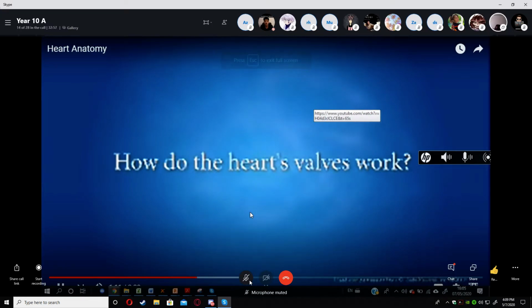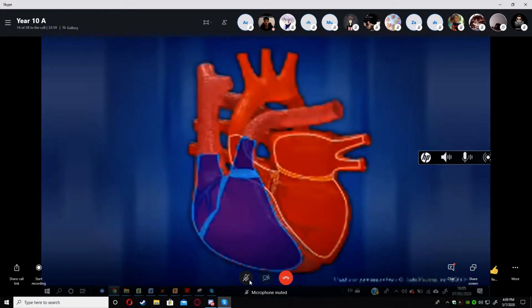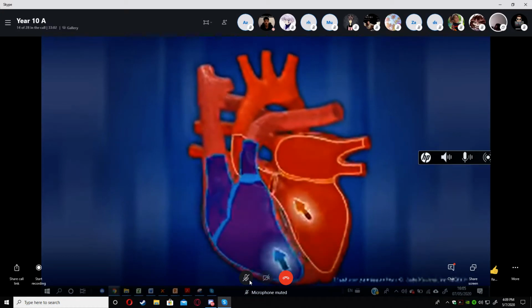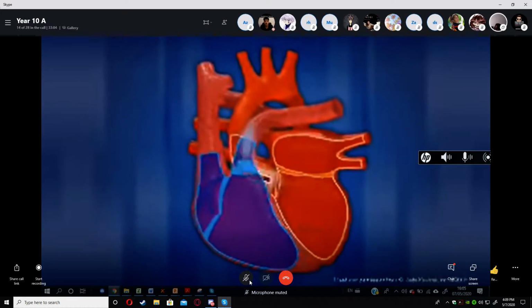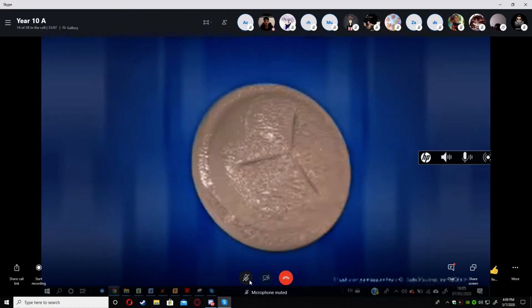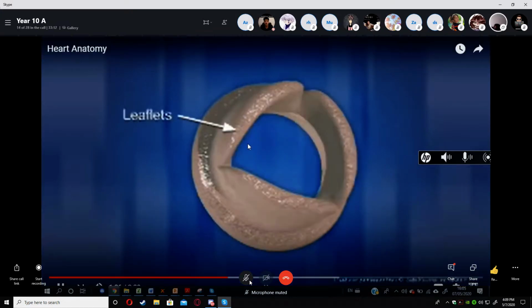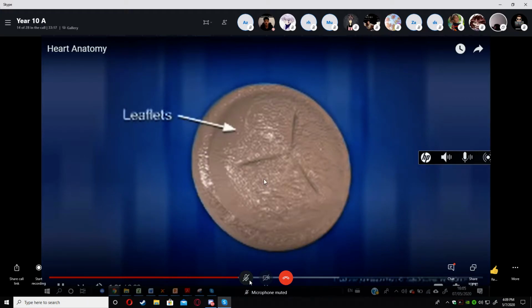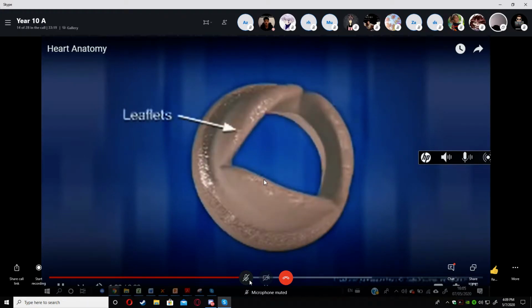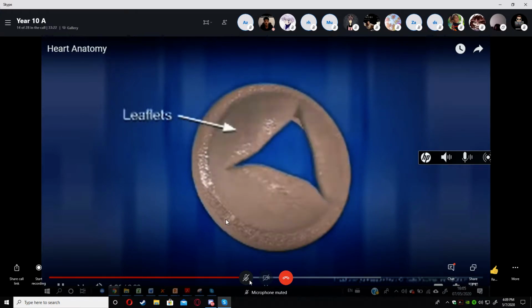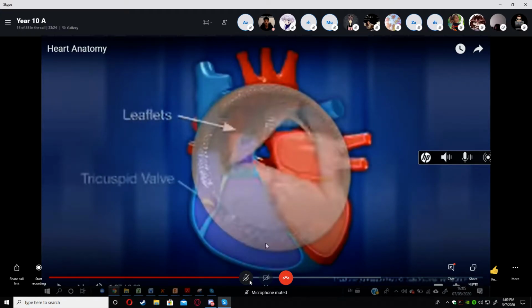Just look at this. This is a tricuspid valve. Look, like that it opens. There are 3 flaps of tissue which open, and therefore it is called tricuspid.